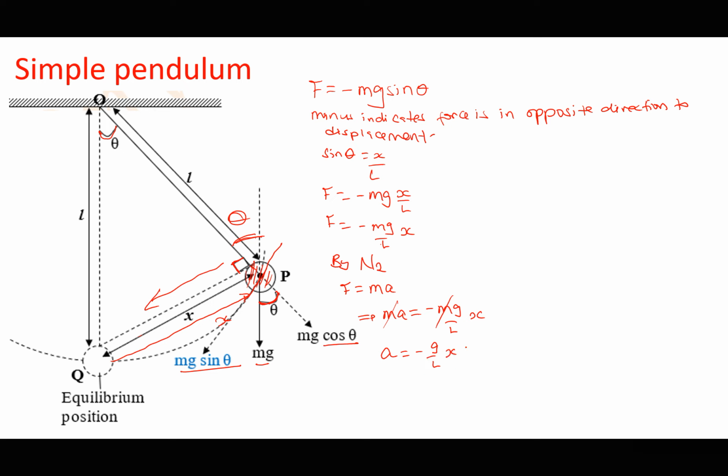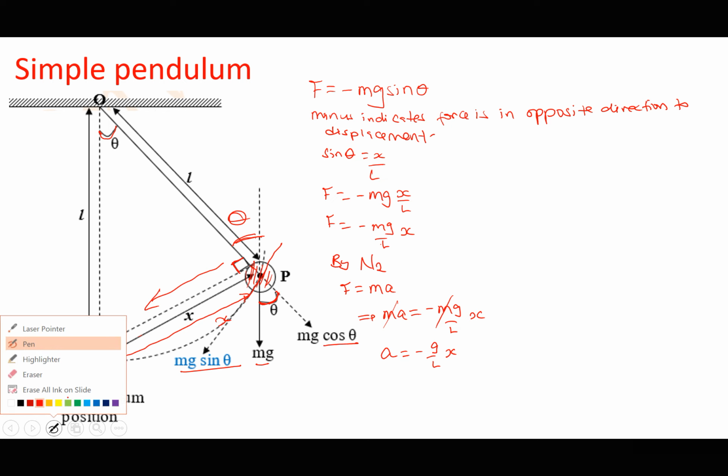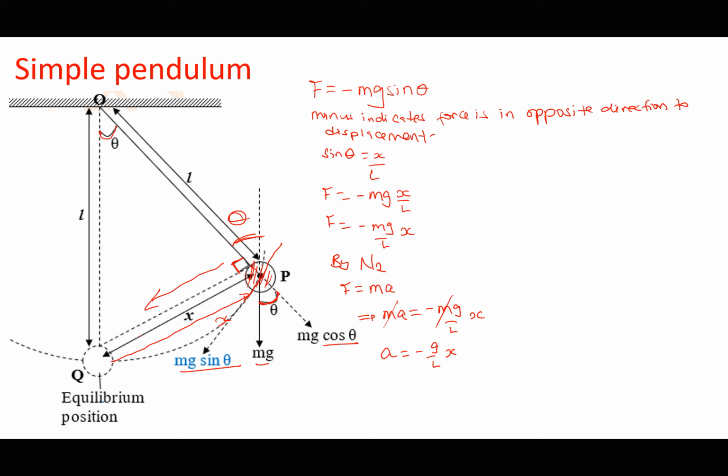Remember, in one of the lessons, I mentioned that as long as the acceleration of an object follows the defining equation of simple harmonic motion, it will always be approximating simple harmonic motion. So we are saying that a is equal to negative g over L x, where we notice that a is directly proportional to x. That's number one. g is the acceleration of free fall, and L is the length of the pendulum, which are constants.